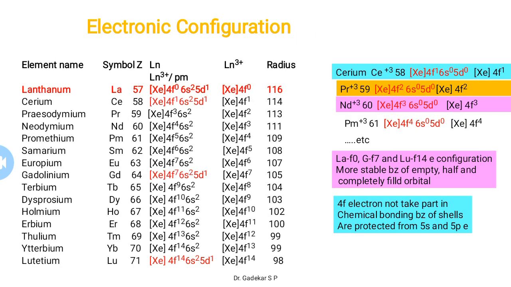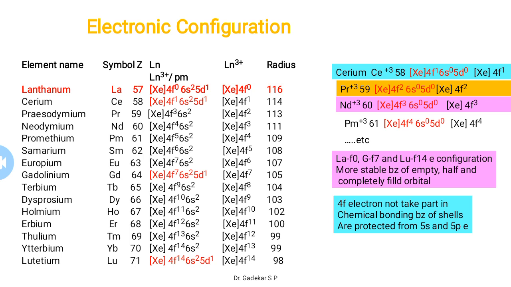Here this table shows the electronic configuration of lanthanide elements, the outermost electronic configuration of lanthanide atoms. This table also shows some uncertainty about the electronic configuration of lanthanides.